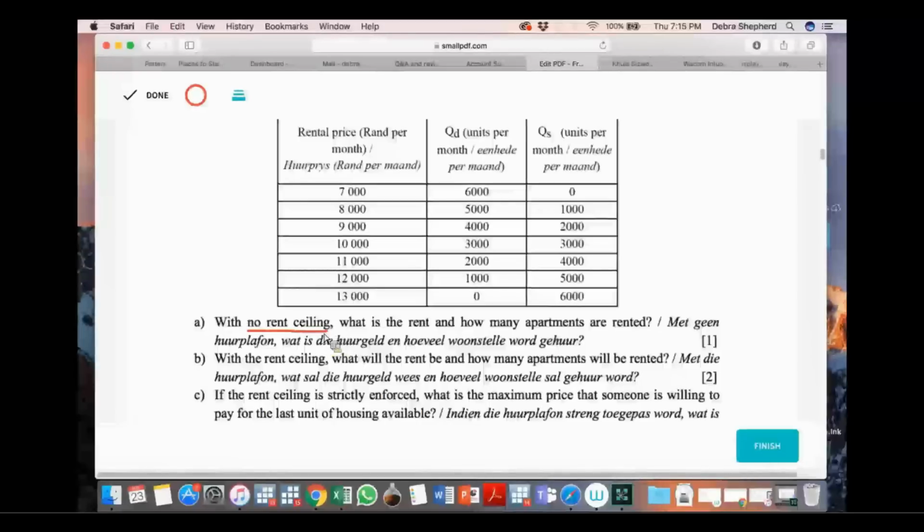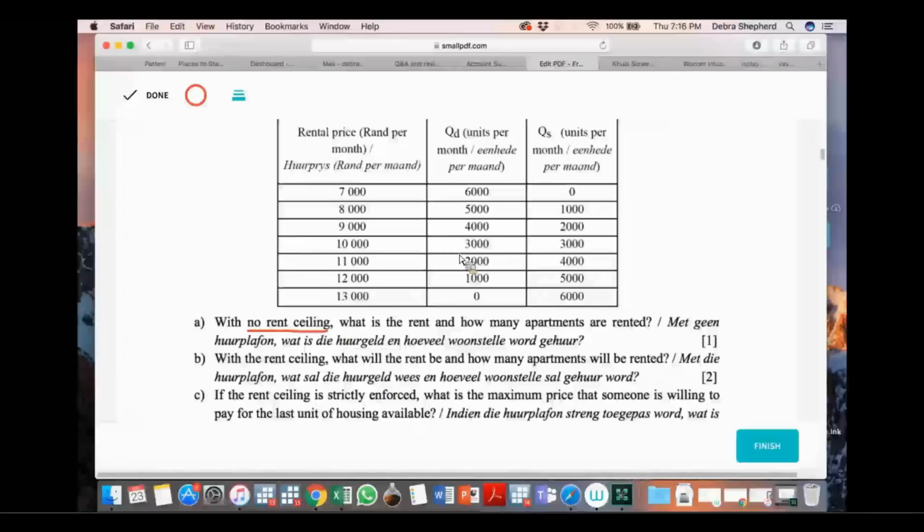So if there is no rent ceiling, that means that there is no government intervention. So the market is just allowed to operate as normal. The price mechanism just finds a way to bring buyers and sellers together, and they will settle on the same quantity demanded and the same quantity supplied at a single price.